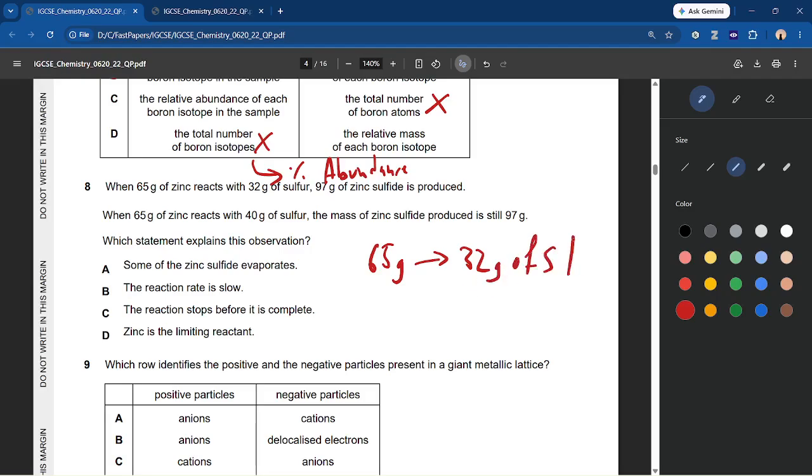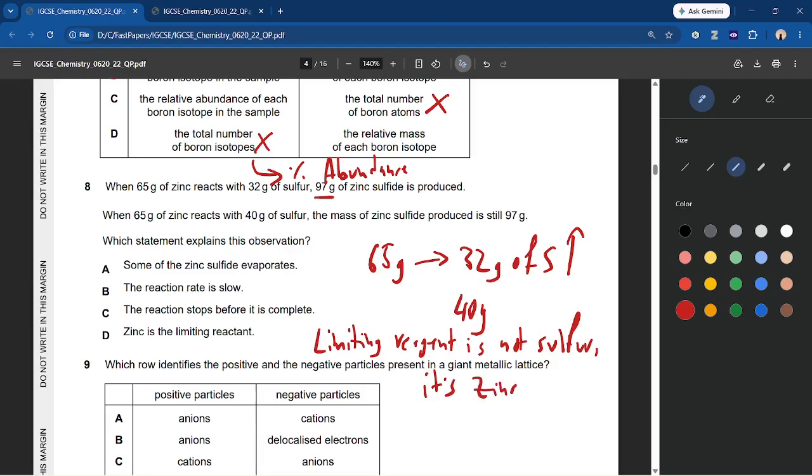And when you increase the sulfur to 40 grams, you still get the same amount of zinc sulfide. So what is that telling us? It tells us that our limiting reagent isn't sulfur. So the limiting reagent is not sulfur, but it's zinc. And so we find over here zinc is the limiting reactant, and that's our answer.